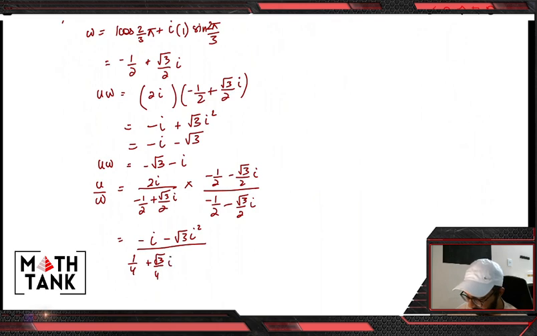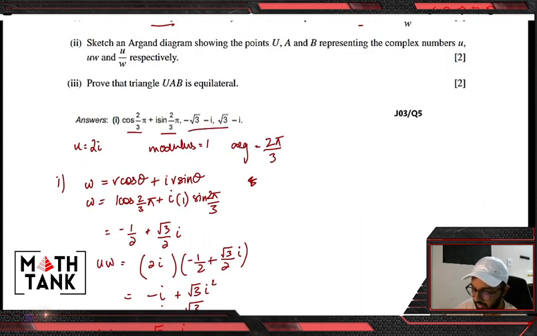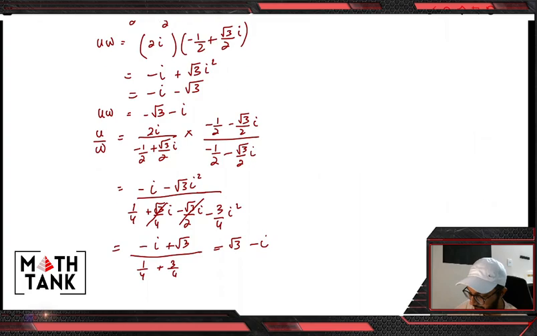Then this gives me minus root 3 over 4 i and plus 3 over 4 i squared. So this cancels out. In the denominator I have 1/4 plus 3/4, which is 1, so root 3 minus i is my final answer. So I have all three complex numbers that I was looking for. The answers match here as well, so I've done these correctly.